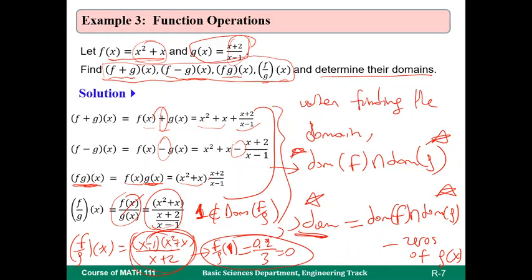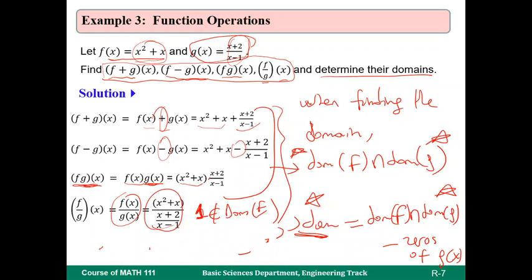But this is not true, because we have to use the definition f of x over g of x, and when you do it this way, you will see 1 is not in the domain. So for this reason, don't try to find the domain by using simplified formulas.